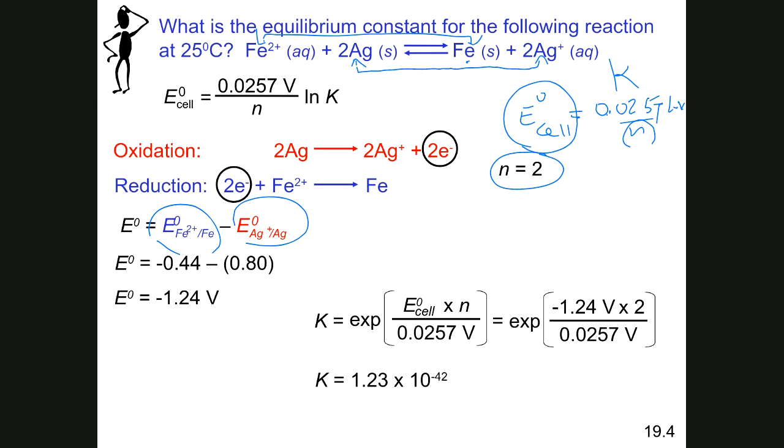So we take the value for iron, which is happening at the cathode, minus the value for silver, which is happening at the anode, and the overall number can be calculated.